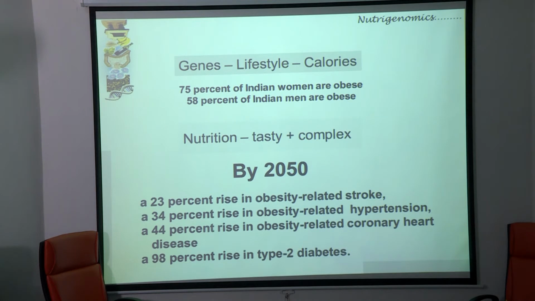The calorie intake increased, activity in lifestyle decreased, life became more easy, input increased, the genes remained the same. Nothing changed. The genes are pretty constant throughout. There might be certain SNPs or minor changes that take place in the gene sequence, but overall, the one constant factor is the genes; the other things were changing.